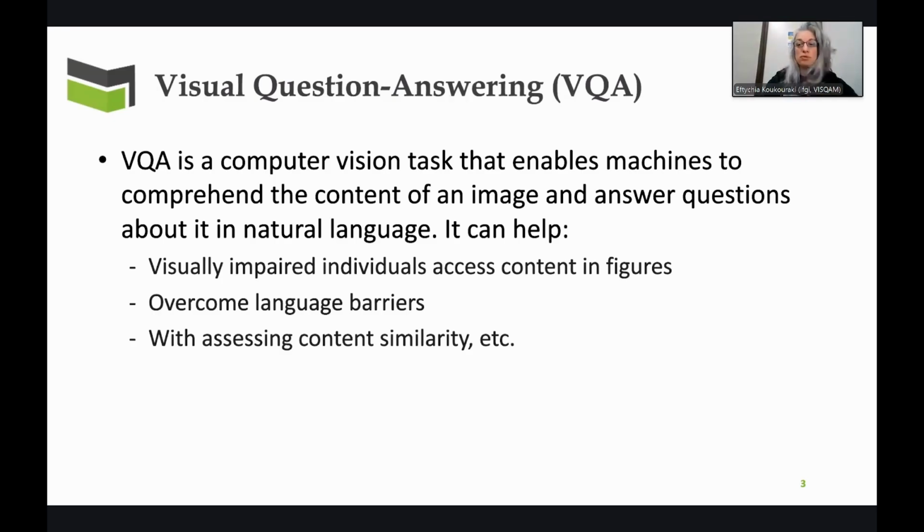It is a computer vision task that enables machines to comprehend the content of an image, and it allows the user to interact with the image by means of natural language in question and answering mode. It can help visually impaired individuals access content in figures for the very first time, and overcome language barriers.